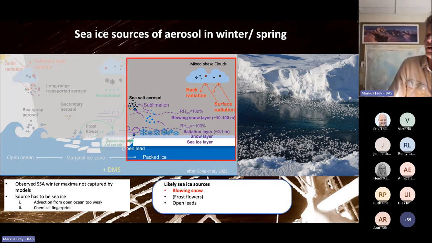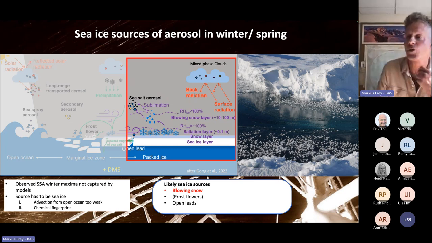We focus on blowing snow, so snow crystals picking up salinity from the surface of the sea ice or from sea salt deposited through atmospheric deposition, lofted into the air, undergoing sublimation, and then releasing the small aerosol particles, which can be reaching levels where clouds form or even get transported further away, for instance to the Greenland ice sheet, where we measure these particles then in ice cores.